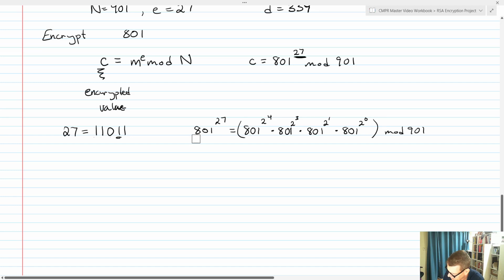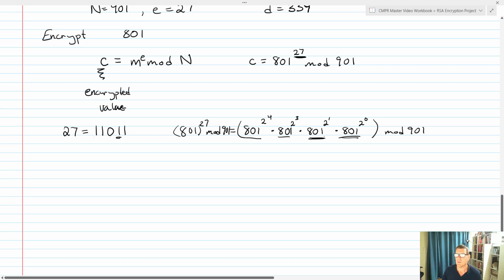And so for the sake of this, this is going to be 801 to the 27th, mod 901 as well. So what I need to do is figure out what these values actually are, and it's not that hard to do. Once we do this, all we want to understand is that each one of these terms is just the previous one squared.